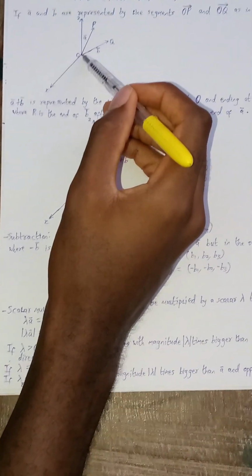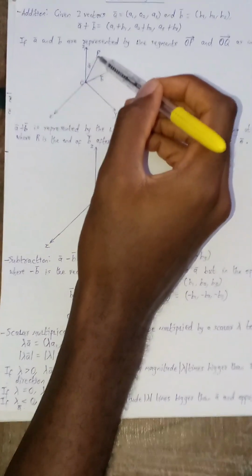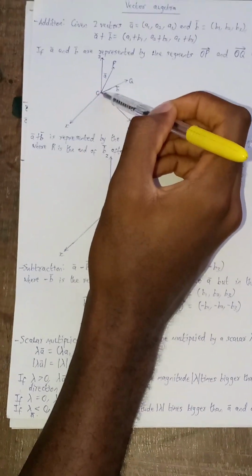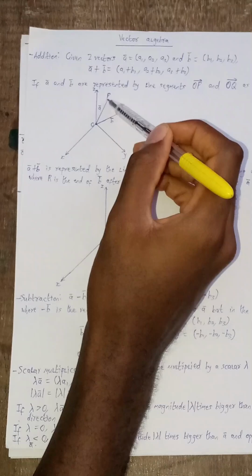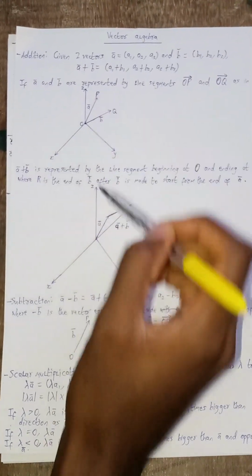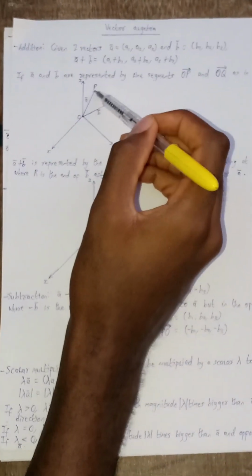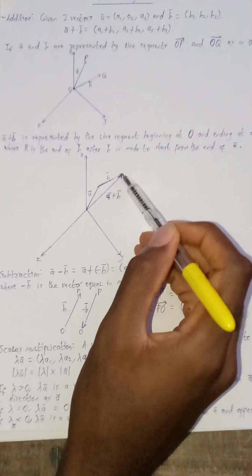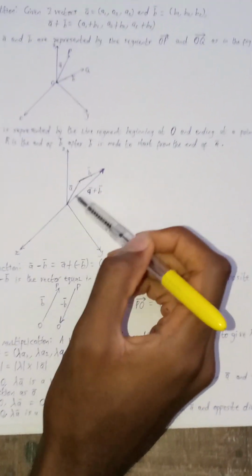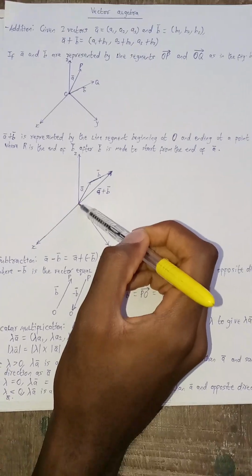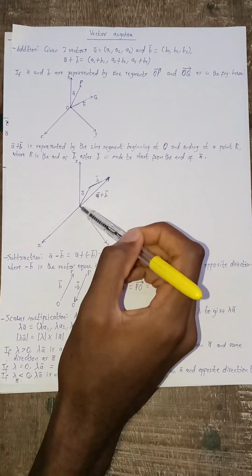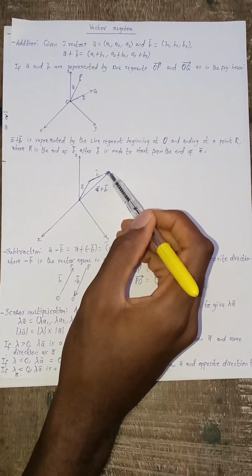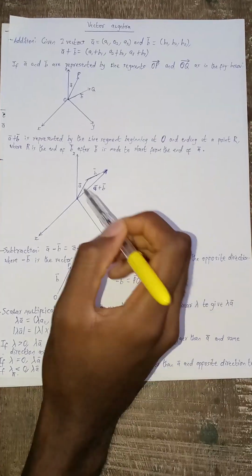The vector B we place at the end of vector A. So this vector will be shifted up to here. And then the line from the beginning of vector A to the final end of vector B is our resultant vector, that is A plus B.